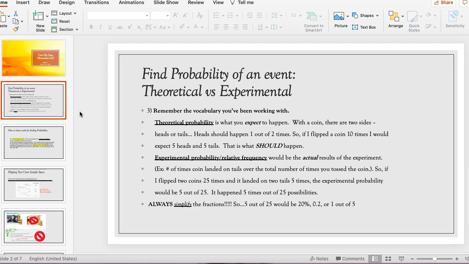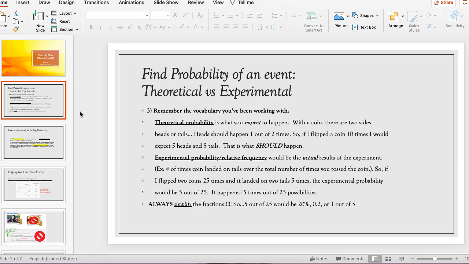But with this example of theoretical probability, if you flip a coin, unless it's some trick coin, there are only 2 sides. You would either land on heads or you would land on tails. So you could land on heads 1 out of 2 times since there are only 2 sides to a coin. Heads is on one side, tails is on the other side.